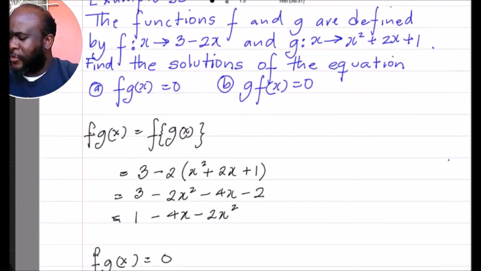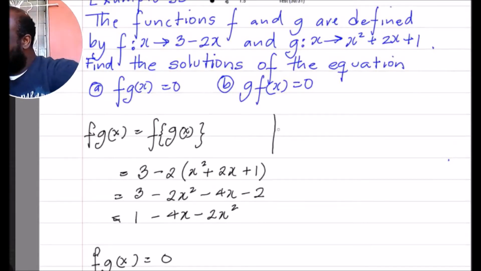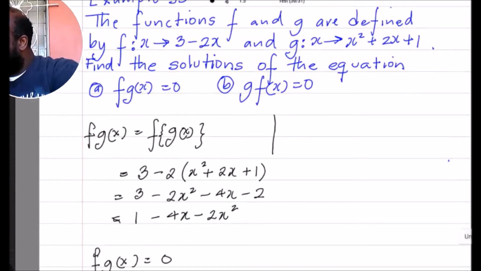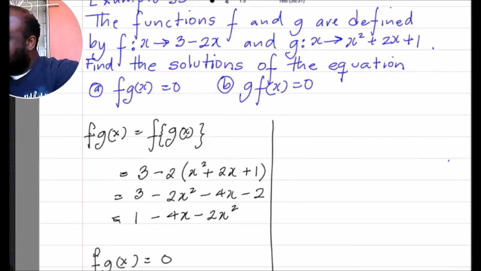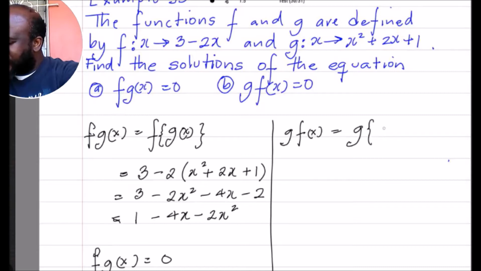So let's do the other one. We need g of f of x, which is, in g, wherever you see x, you're going to take out x and put f of x.